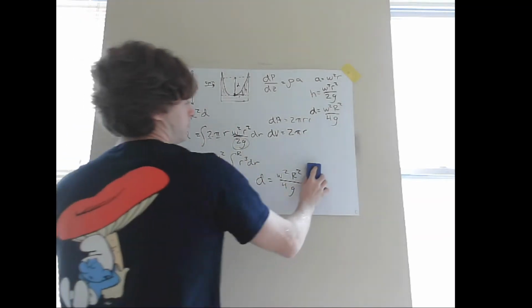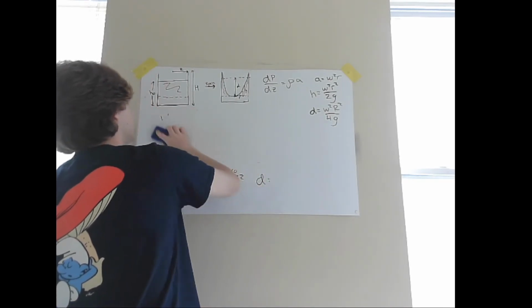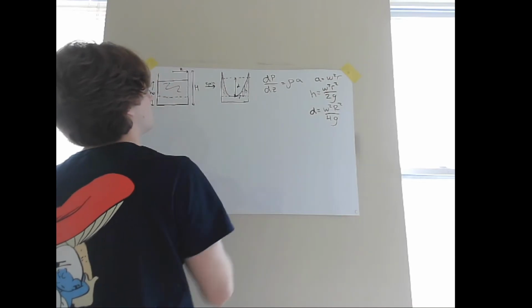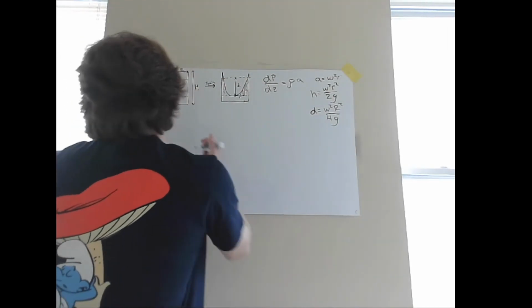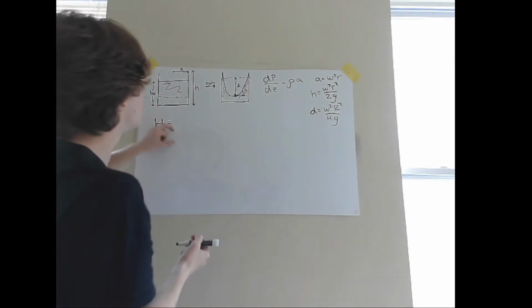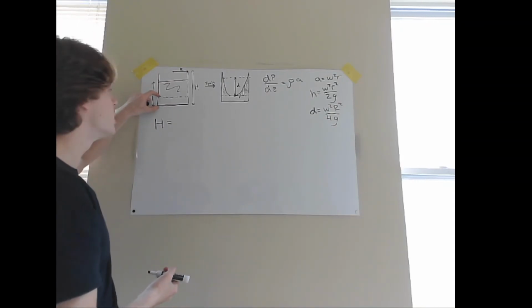So our next step is to use the overall height of the cup and basically set it equal to this maximum height of the liquid. And so how we're going to do that is we have our big H equals the unchanged distance here, at the bottom of the cup.